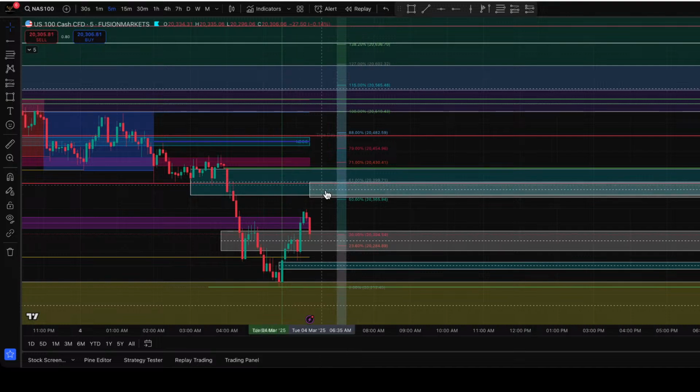That's a green zone. Again, this is NAS we're taking a look at. 12 minutes to open.